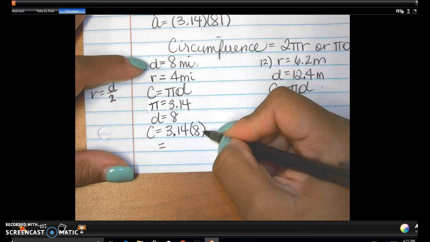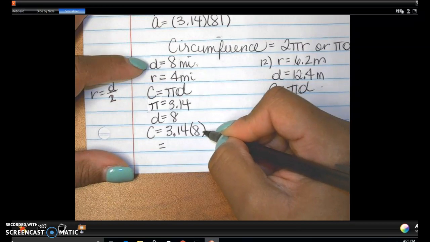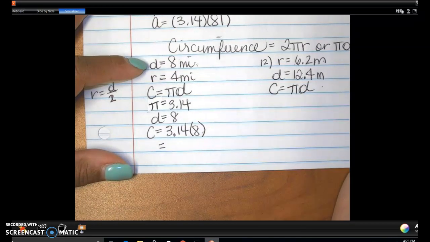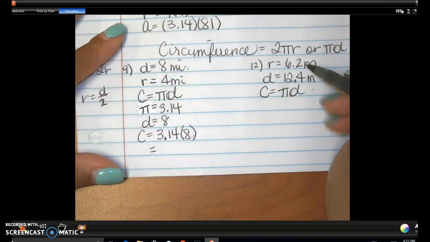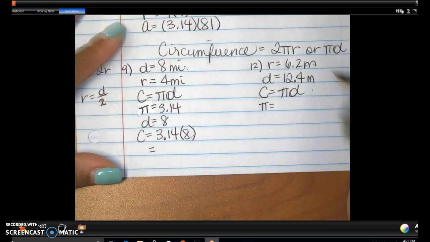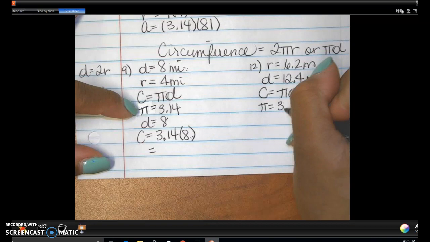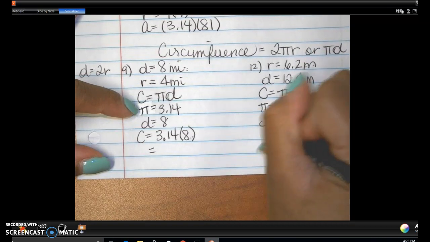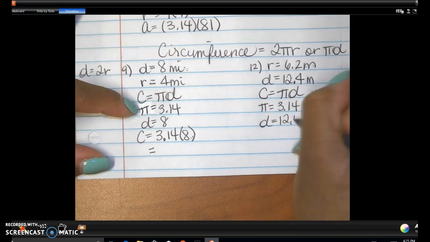This should be in your multiples of pi, hence why I told you to do it, because you've gotten the first 30 multiples of pi out of the way, and you really won't have to show work for this. Over here will be a little different. Pi is 3.14, and diameter is 12.4.